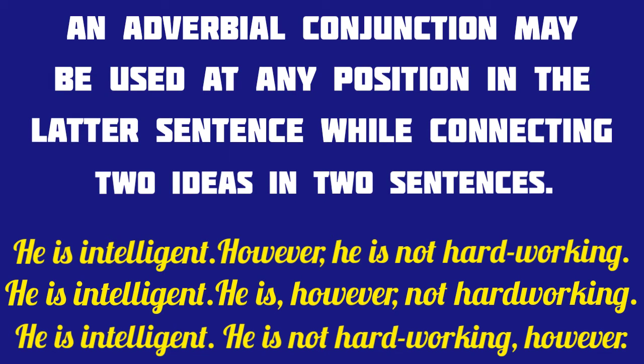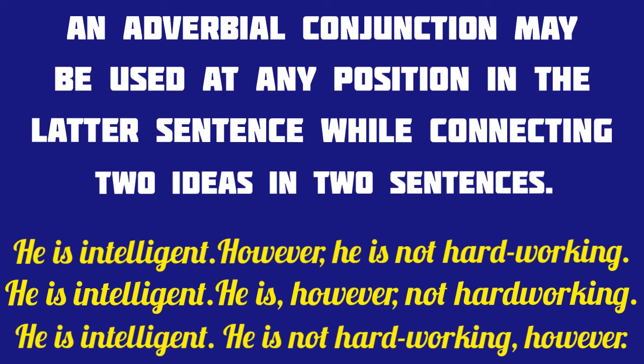However, when two sentences are joined by a conjunctive adverb, it may come at any position in the second sentence while connecting two ideas in the two sentences. Now see the three examples of how a conjunctive adverb can be moved around in the sentence. In the first sentence, the conjunctive adverb, however, comes at the beginning of the second sentence and is set off with a comma.